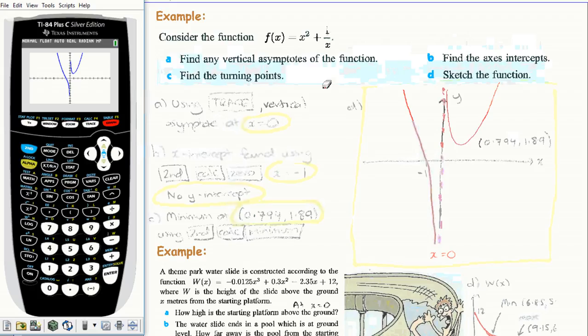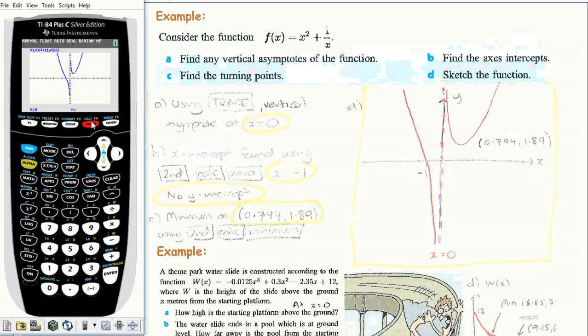It doesn't look like there are any horizontal asymptotes, because this graph just goes on infinitely in both upwards and downwards directions. This section of it does. So no horizontal asymptotes, but it looks like there's definitely a vertical asymptote here, and I'm guessing it's at x equals 0. To check that, we can trace.